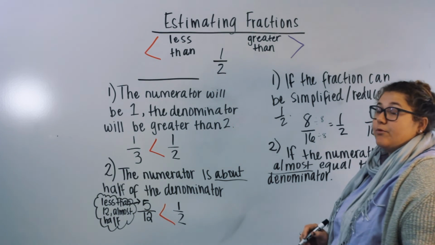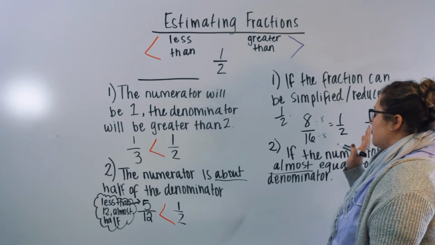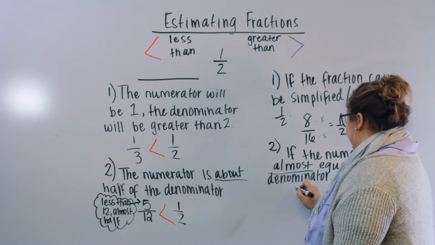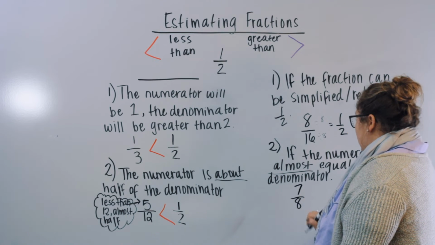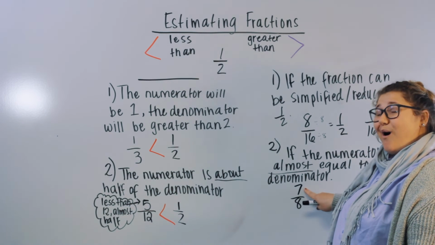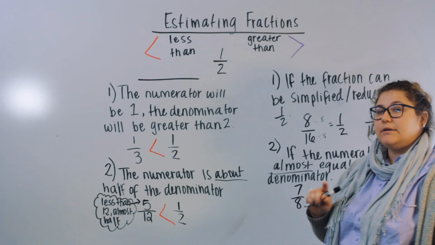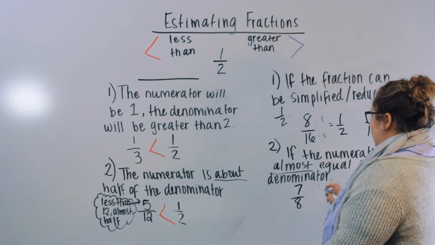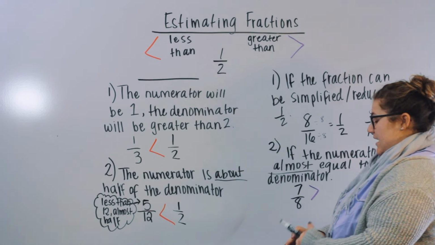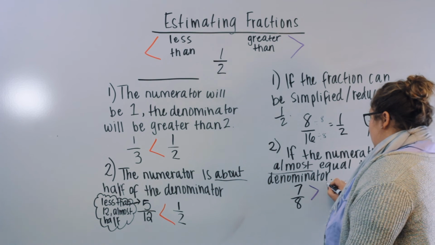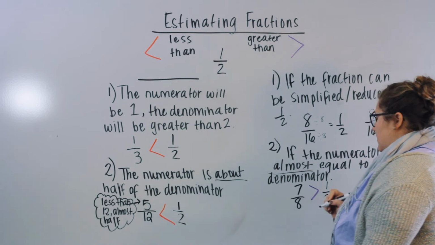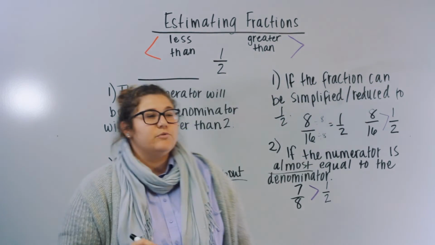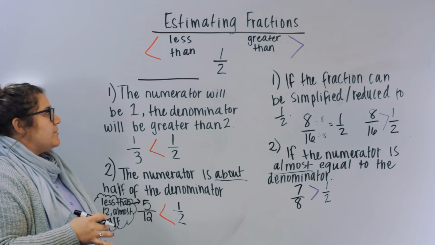So say, for example, we have, instead of 8/16, we have 7/8. 7 is almost equal to 8, but not quite. Okay? So this would be greater than half.